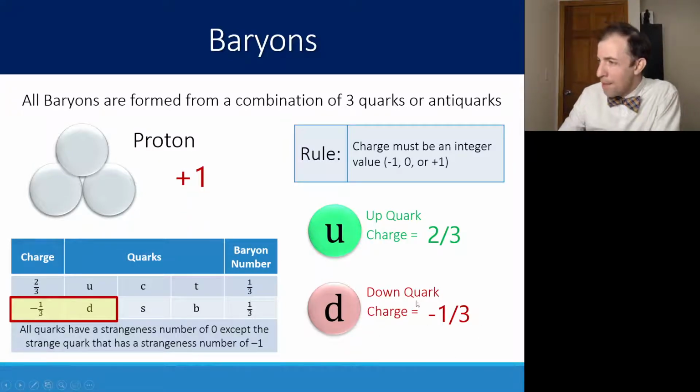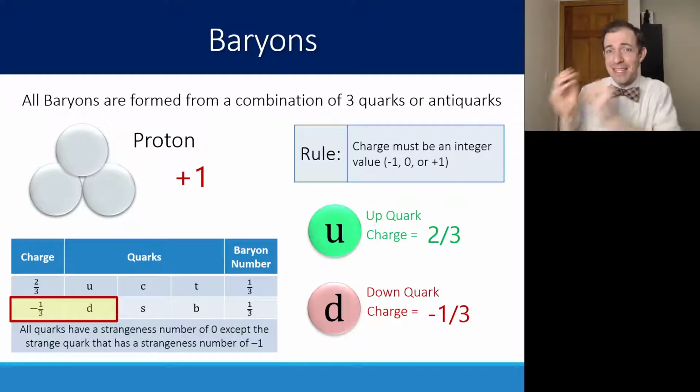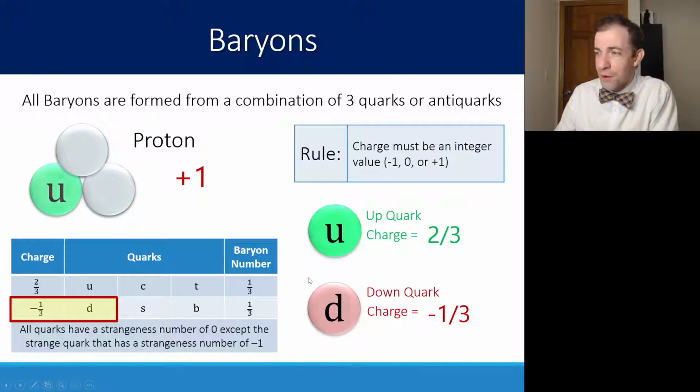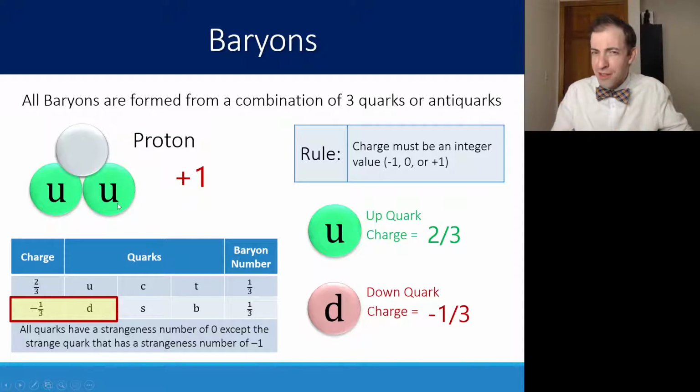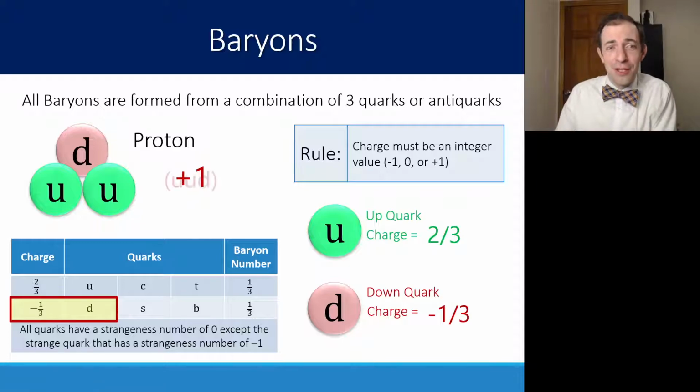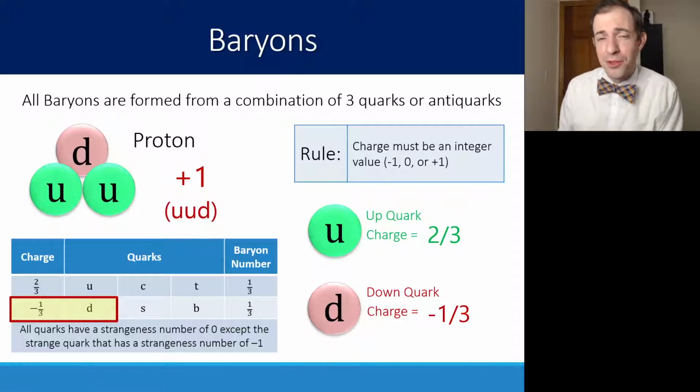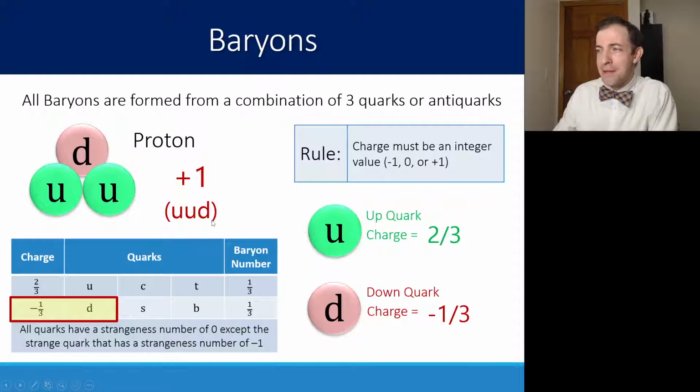And if you look at up and down, you can probably figure out, if there are going to be 3 quarks total, how they need to be situated so that the up quarks and the down quarks leave you with a +1 charge. Well, one of the quarks is an up quark. That gives me 2/3. If I have another up quark, that gives me 4/3. And then a down quark brings that down to 3/3, which is a +1 charge. So we have an up, up, down.